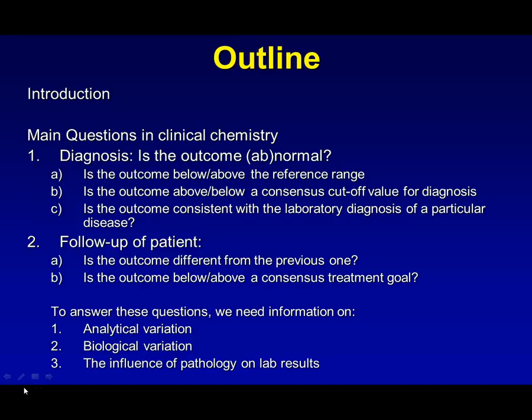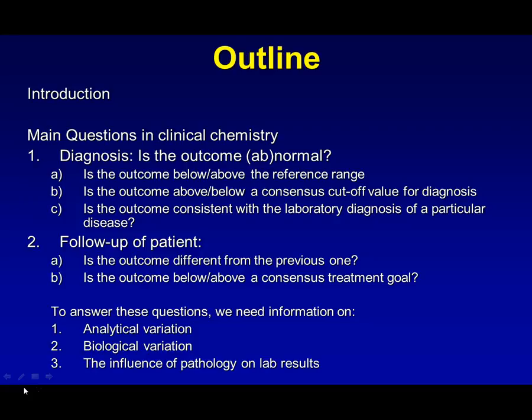And this can be answered by comparing the outcome with reference ranges, with a consensus cutoff value for diagnosis, or using the Bayes theorem. So this means the outcome is consistent with a laboratory diagnosis of a particular disease.